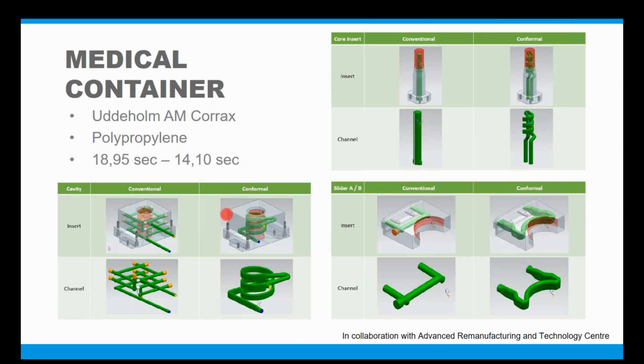If you ask me, I would say that this part is quite unnecessary to print because the cooling is already quite good in the conventional one. Also, when you do plastic injection molding and the plastic solidifies, it will actually shrink around the insert right there. So I would say that the insert is the main part to print because here you really want good cooling.